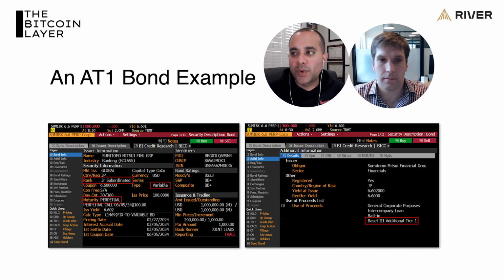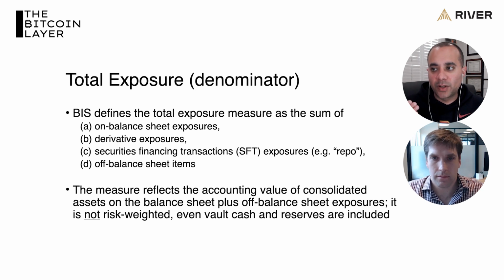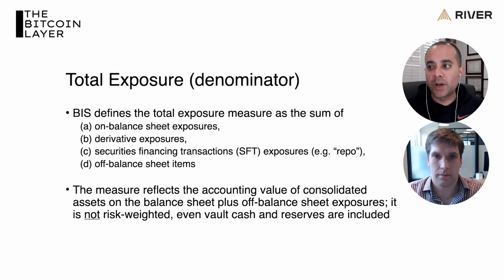In the next slide, we have a definition for the total exposure. In the denominator, BIS includes the on-balance sheet exposure, the derivatives exposure, repo, as well as other off-balance sheet items, and these are not risk weighted.